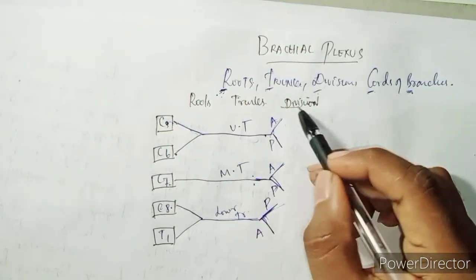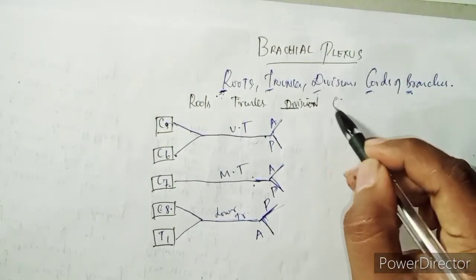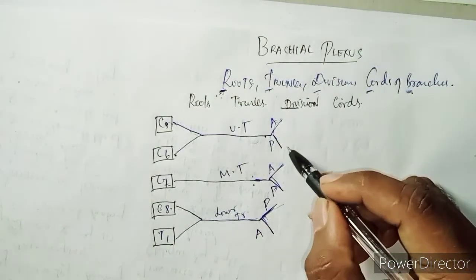The next one is cords. We have seen the divisions. Next we are going to see the cords.